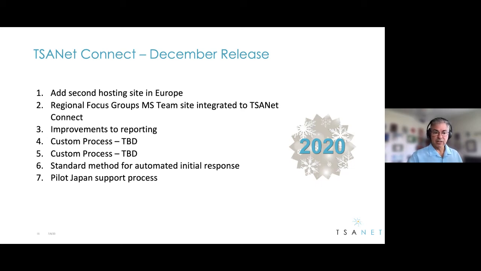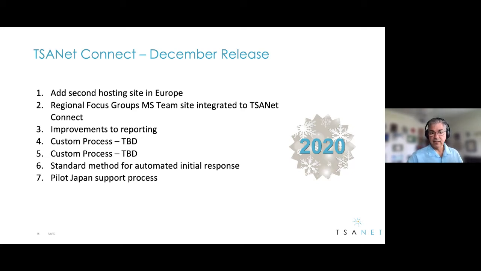And then a couple of placeholders here for custom processes. And then number 6, you see we've been doing a lot of these custom processes that included automated initial response, right? When I say automated initial response, this is where the receive member has the request and they need to send their initial response back that says, here's my case number, here's my assigned engineer.